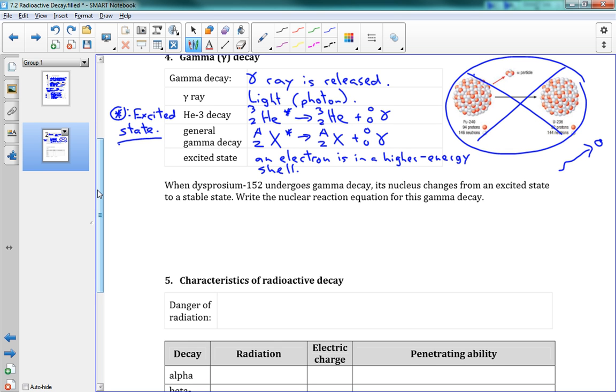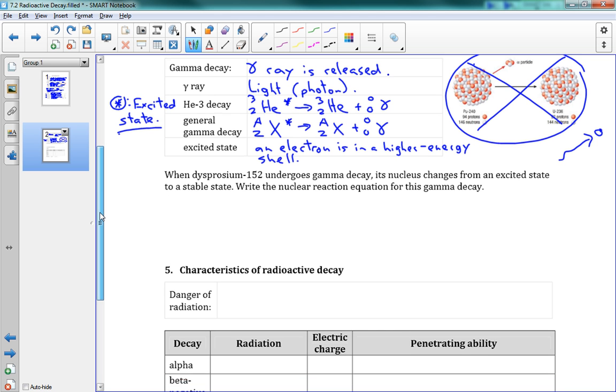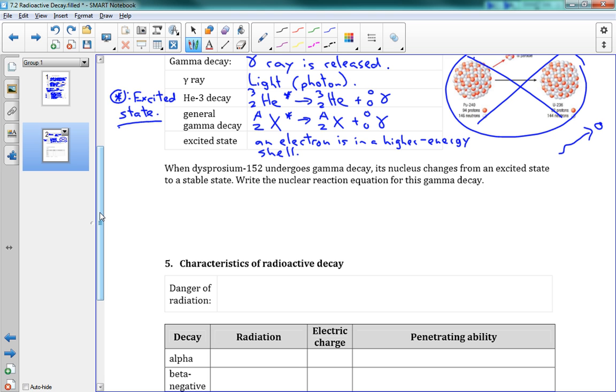And we have a problem here. When dysprosium-152 undergoes gamma decay, its nucleus changes from an excited state to a stable state. We want to write the nuclear reaction equation for this gamma decay. Well, we've got our equation here.